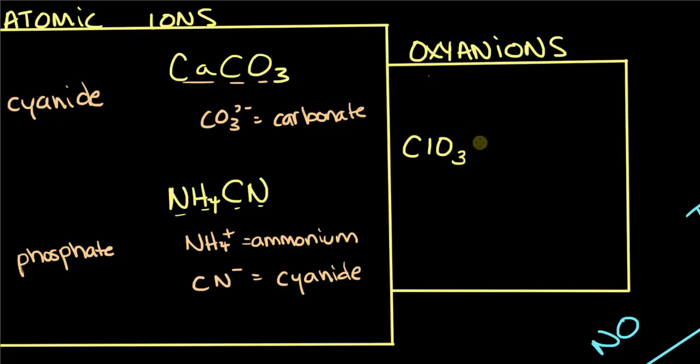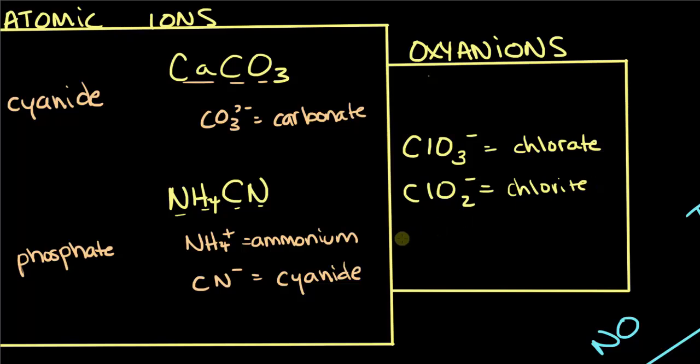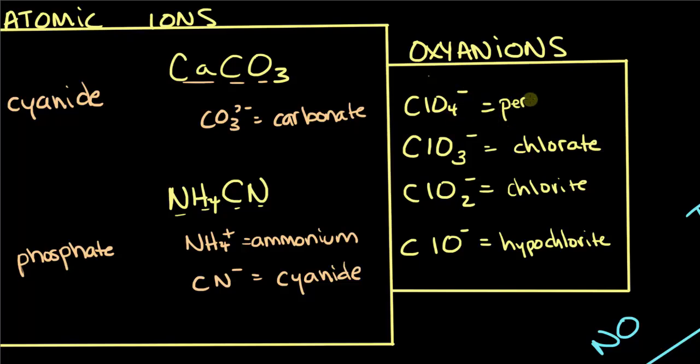ClO3 minus is a polyatomic that we call chlorate. With only 2 oxygens, it has the same charge, and it's called chlorite. With only 1 oxygen, it still has a -1 charge, and we call it hypochlorite. And with 4 oxygens and a 1- charge, we call it perchlorate.